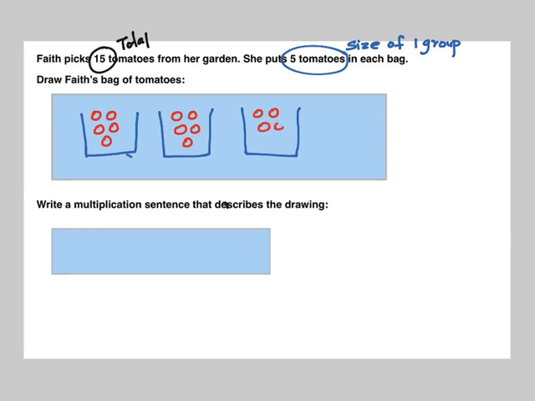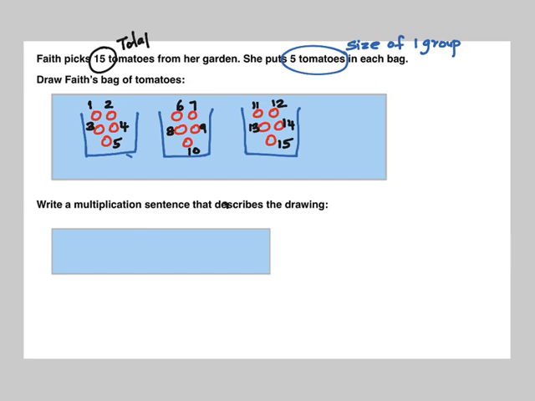So 1, 2, 3, 4, 5. So now if you see, let me count the tomatoes. 1, 2, 3, 4, 5, 6, 7, 8, 9, 10, 11, 12, 13, 14, 15. So she has put 15 tomatoes in the bags. And each bag has 5 tomatoes.